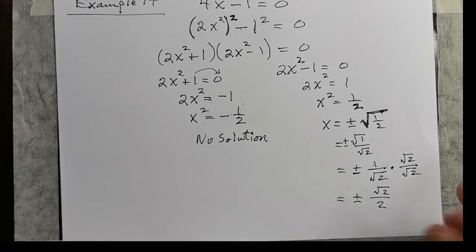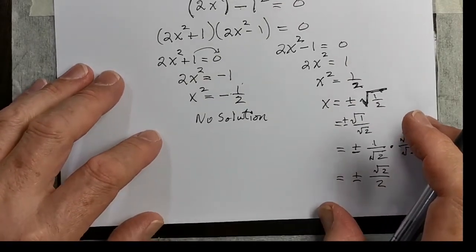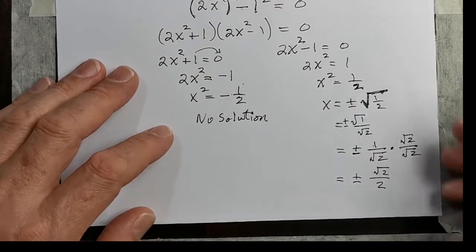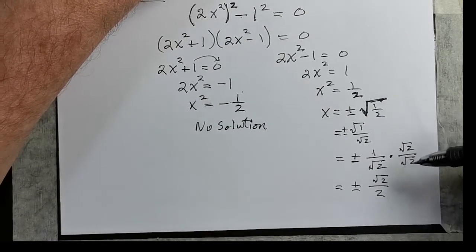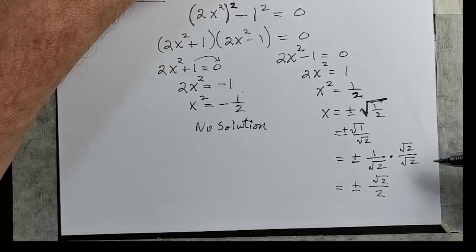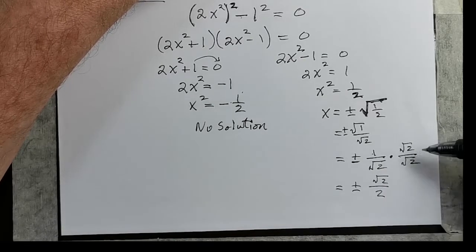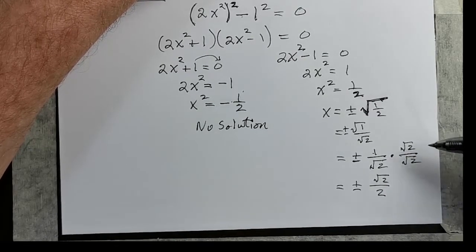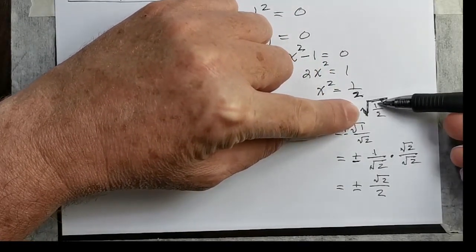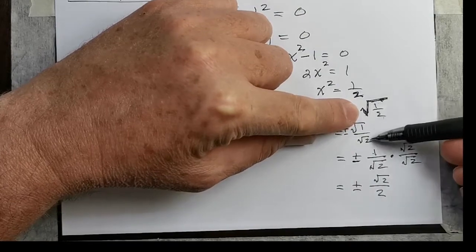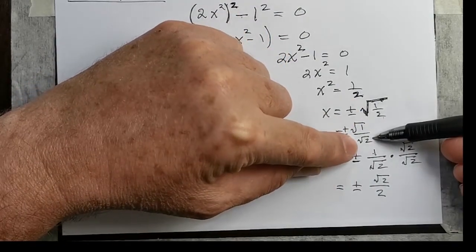Now, don't worry too much about this. I won't put one of these on the test because we haven't really covered this, but it's a sneak preview of things to come. You do not have your answer in simplified form so long as you have a square root in the denominator. So if you take the square root of 1/2, this is square root of 1 over square root of 2. Square root of 2 is in the denominator. That is not simplified.